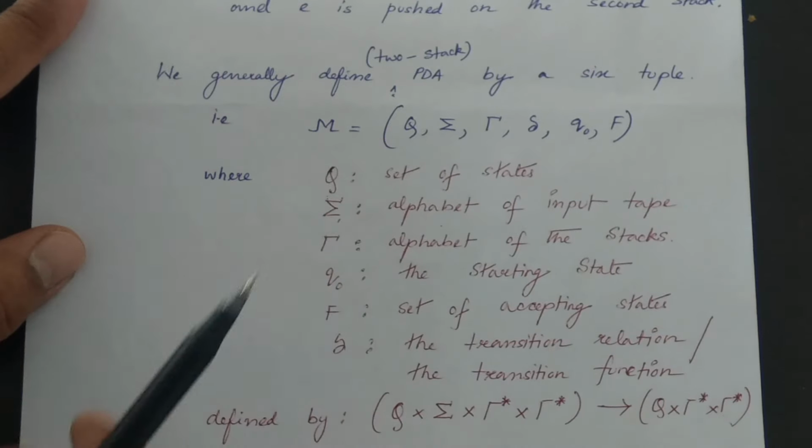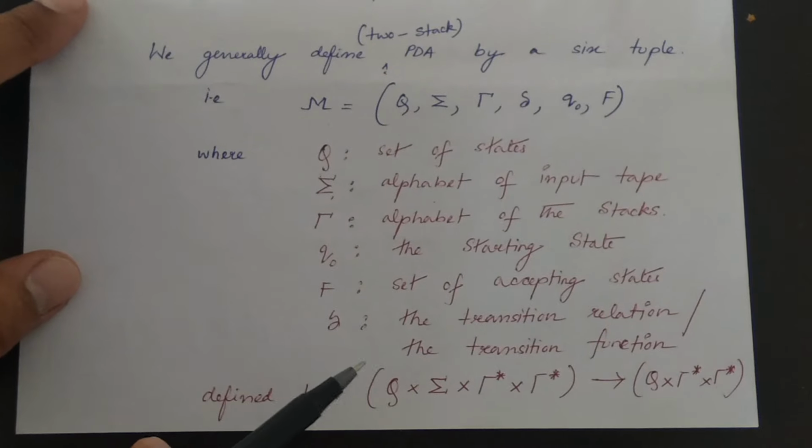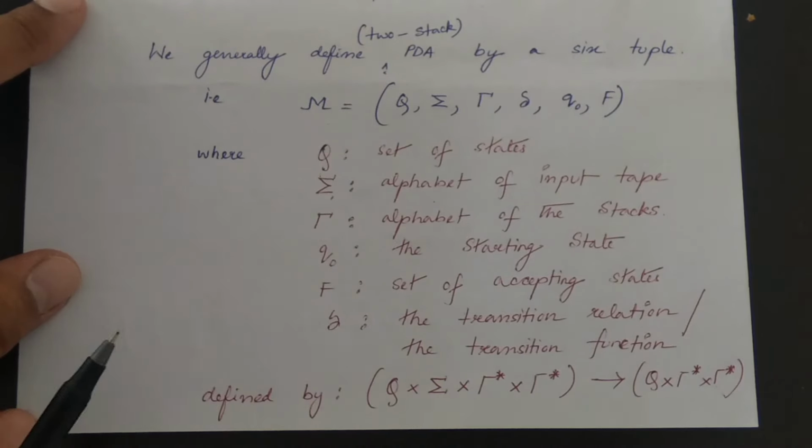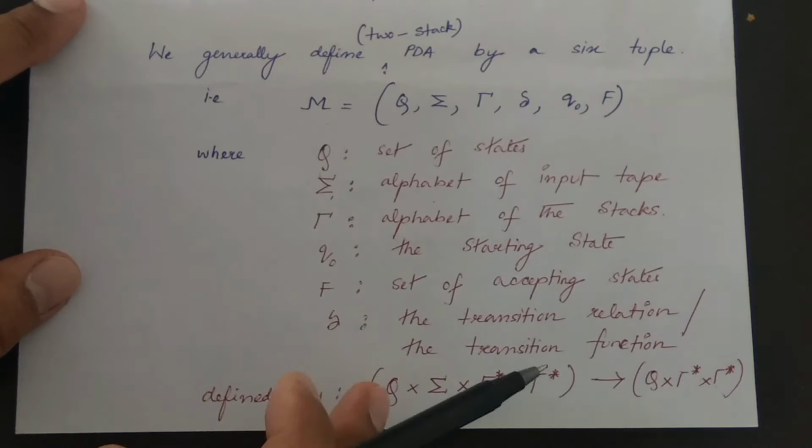If I talk about the transition function, it is defined by this. That means Q is the set of states multiplied by the input alphabet multiplied by both the stack alphabets. To the power asterisk means you can have any number of stack symbols, right? Asterisk equals 0 means the stack is empty, correct?